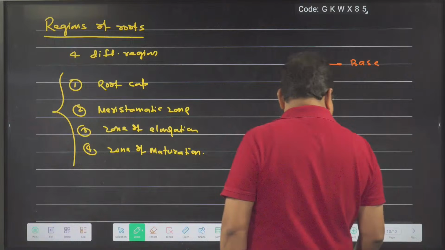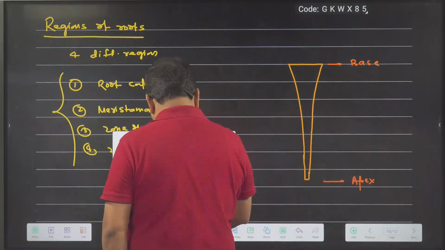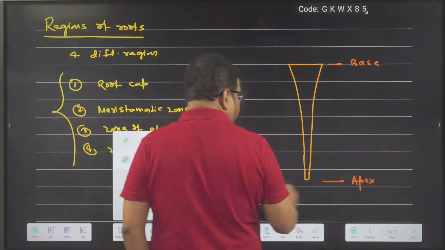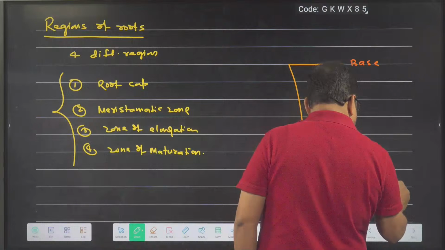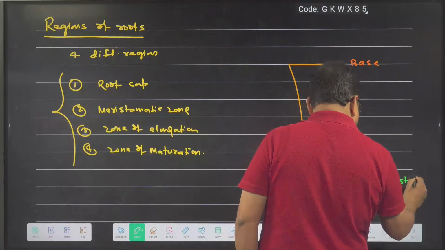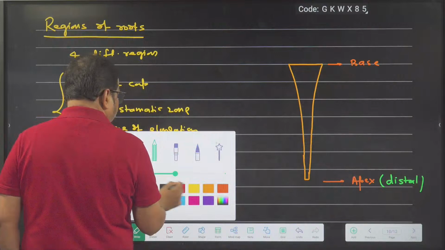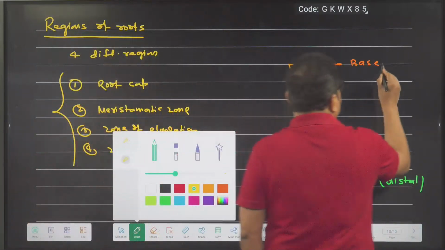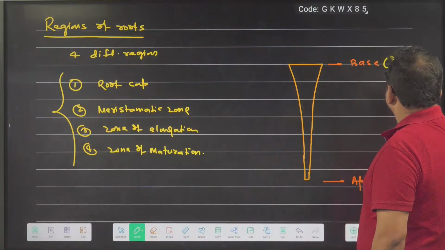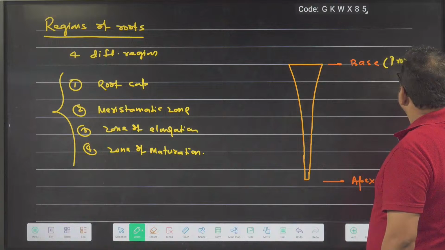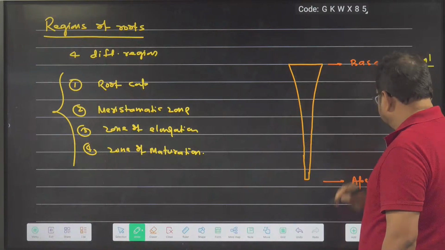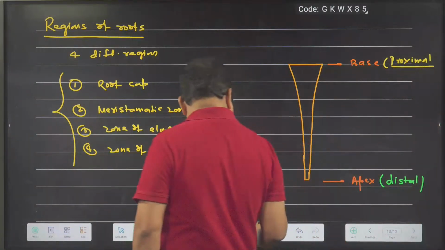So the apex part is the distal part. Just try to understand. NCERT uses the words proximal and distal, so I am explaining. And the base part we call the proximal region. Got the idea?